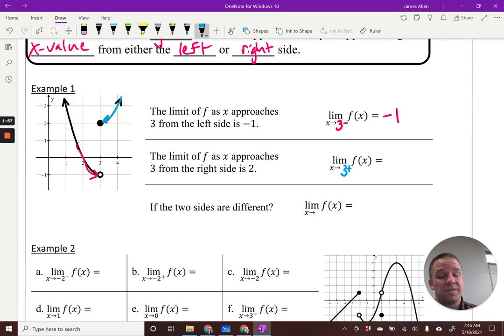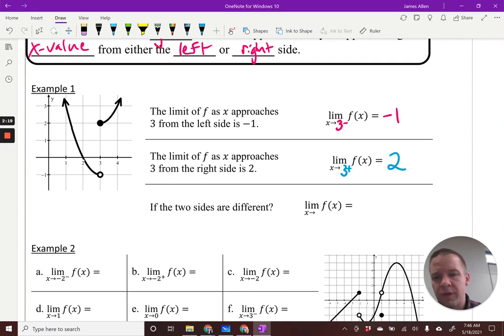I'm coming from the positive side of 3. It approaches +2. So I'm looking at it from the left and from the right. Hopefully my hand movements make sense. Anywho, let's continue with some examples.